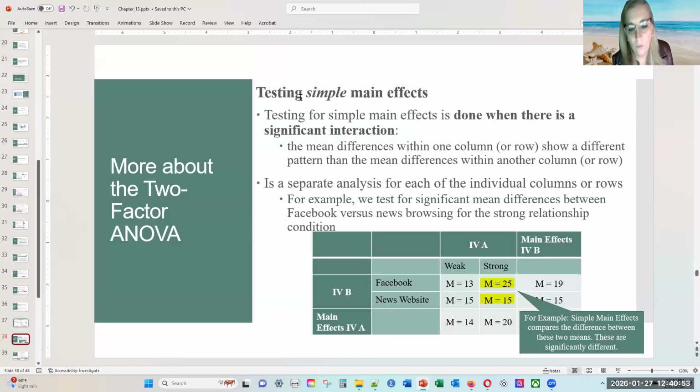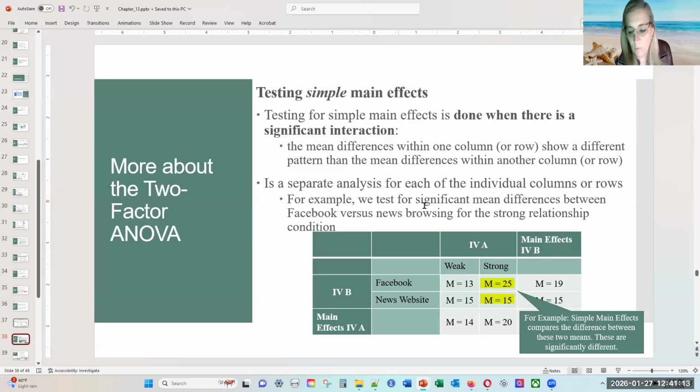So we need to test what is known as simple main effects. This is where the mean differences within one column or row show a different pattern than the mean differences within another column or row. And it's a separate analysis for each of the individual columns or rows.